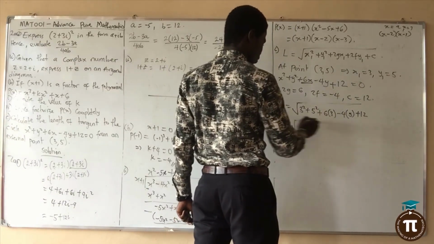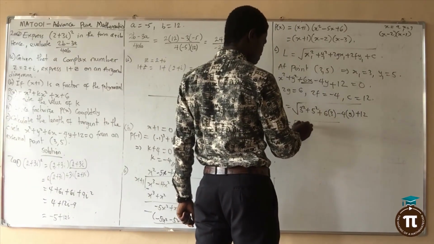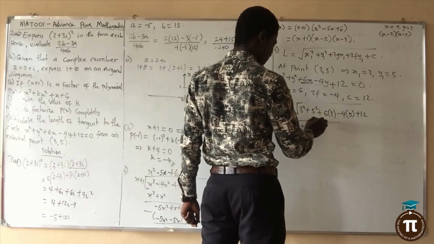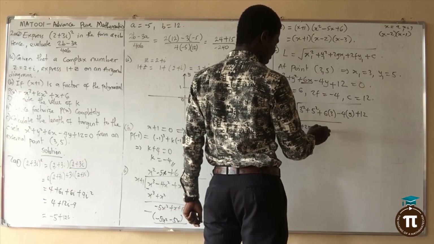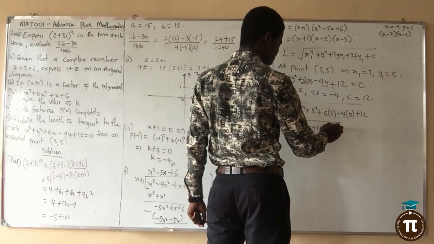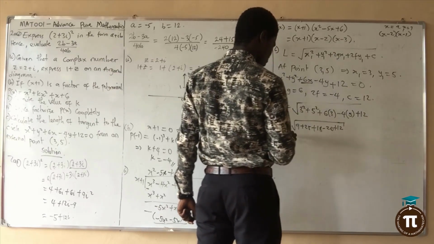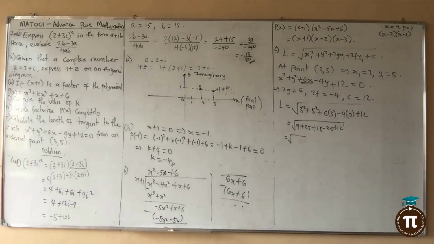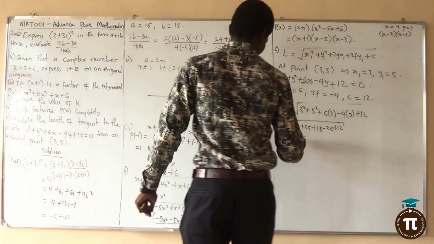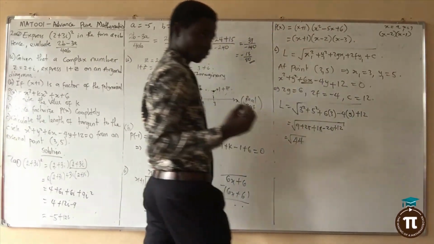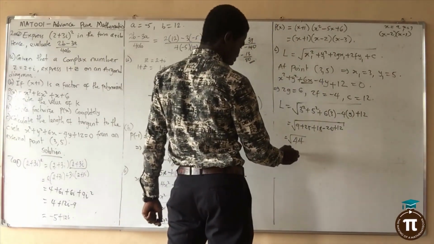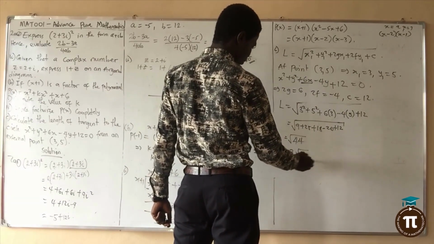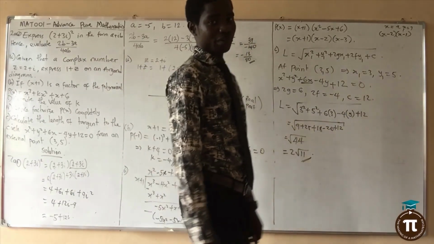So this one will give you square root of 9 plus 25 plus 18 minus 20 plus 12. So at the end of the day, this one will give me 44, square root of 44. So the length of tangents in that question, square root of 44, then this one will be 2 root 11. And that's what I'm going to have as the answer.